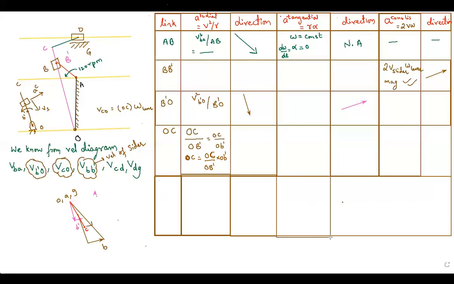I'm just increasing the length of the table. I think for the next parts we don't need Coriolis because Coriolis is not present here. So I'm going to right away jump into the link C and D.